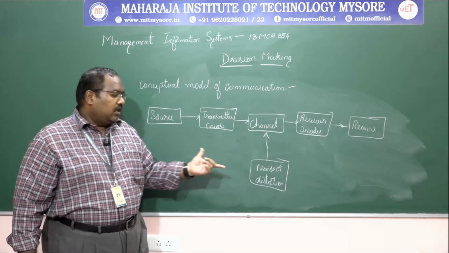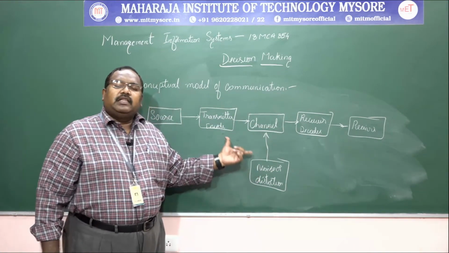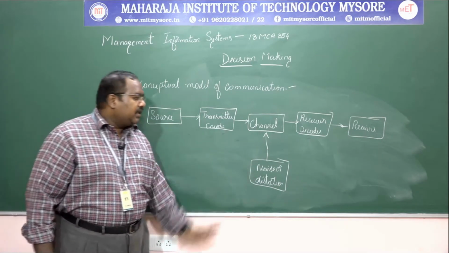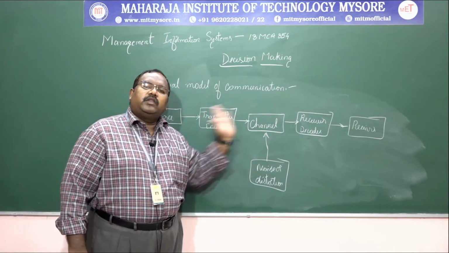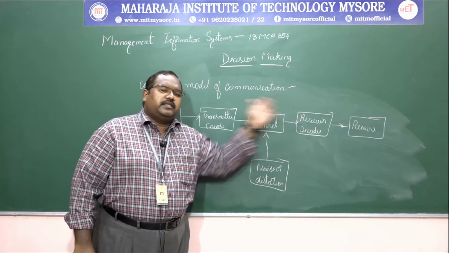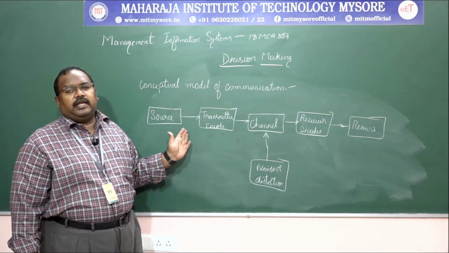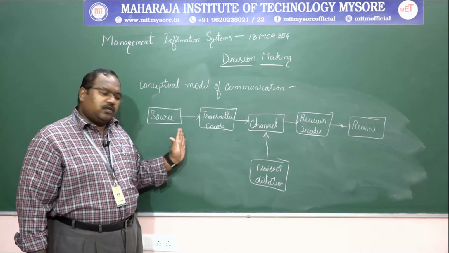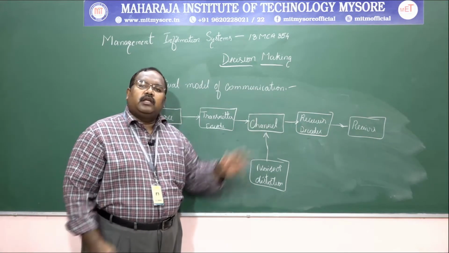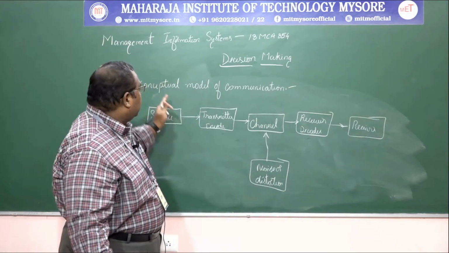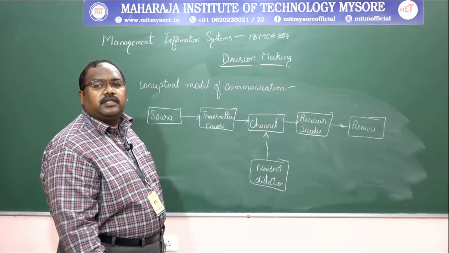When you say noise or distortion, these are the unwanted errors that creep into the channel along with the information that goes to the receiver, without the knowledge of the source or the person who is sending it. So without the permission of the source, that gets creeped into it. So this is what we call the conceptual model of communication.